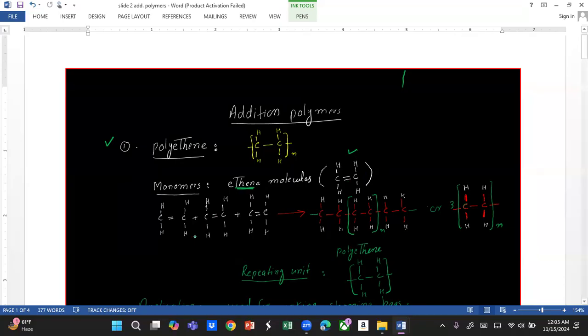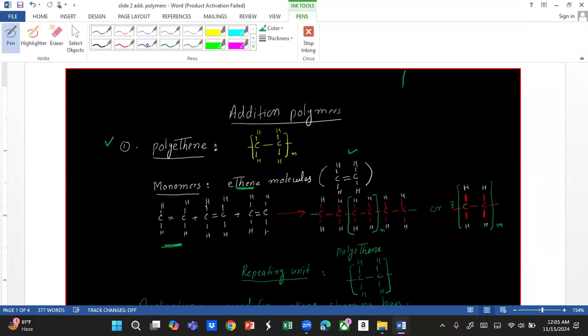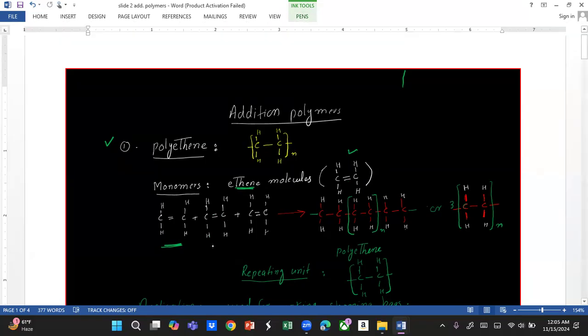For example, we have three ethene molecules, you can see from this. In these ethene molecules, you can see there is a plus sign between them. When these three monomers combine, we will have a single large molecule called a polymer.